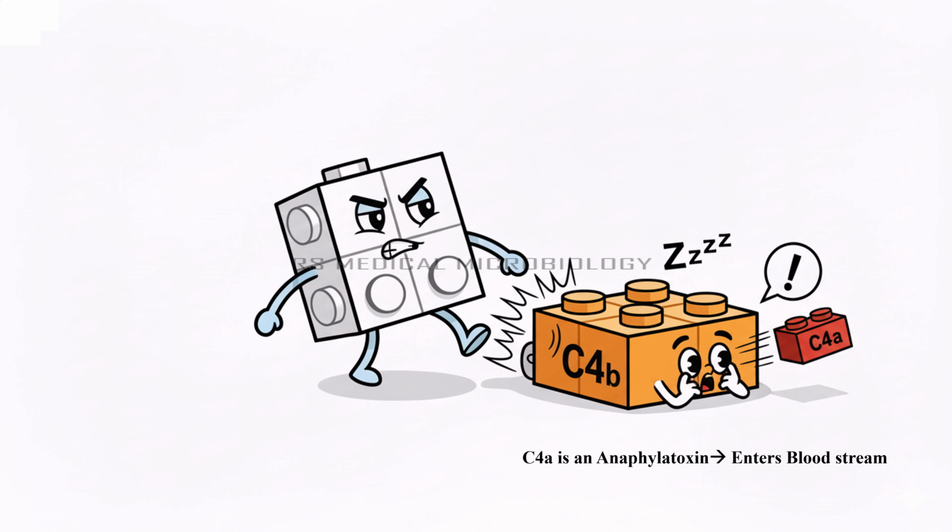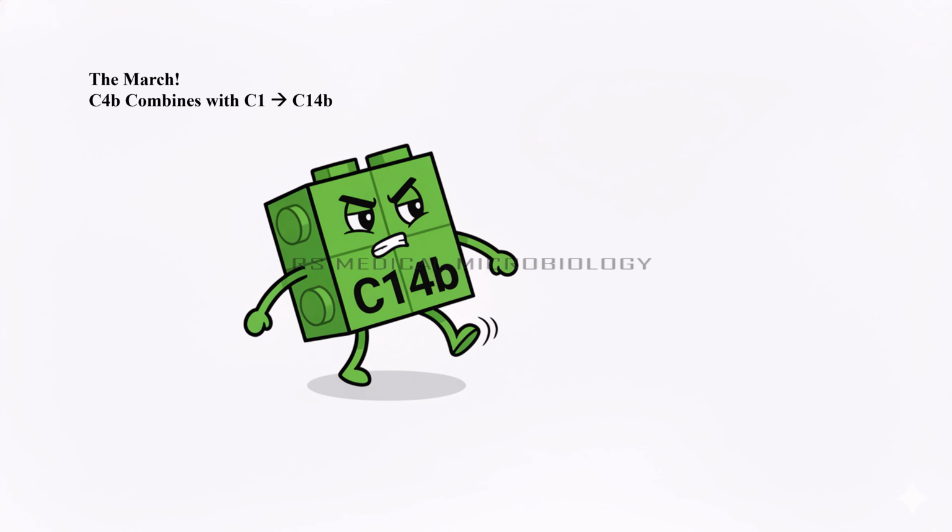As soon as it is activated, a small fraction of it goes out, which forms an anaphylatoxin, the C4a component. The C4b will now combine with the C1 to form what is called C14b.